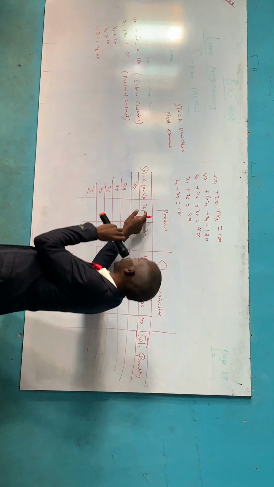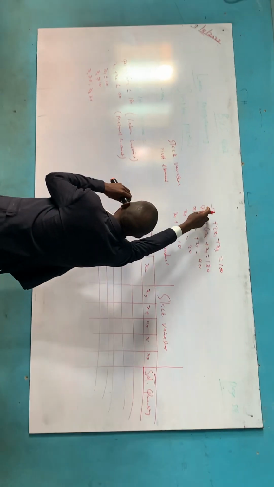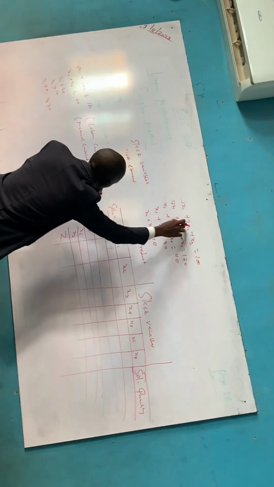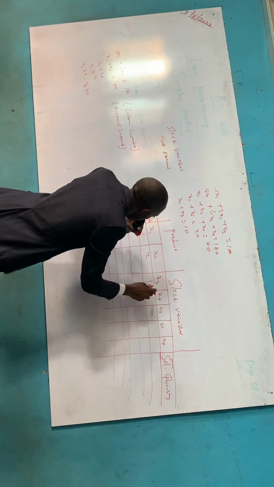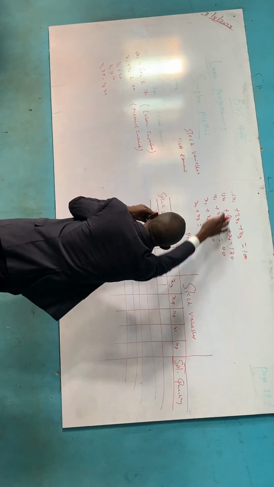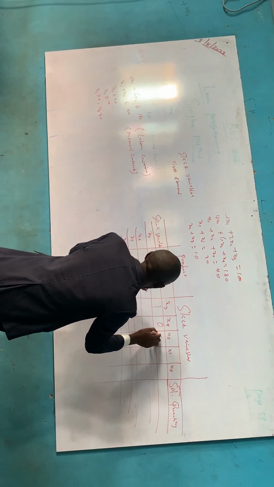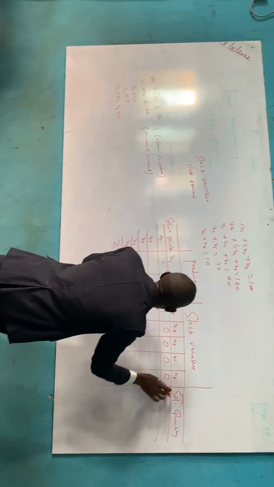The coefficient of x1 for the first constraint is 4. The coefficient of x2 is what? Do you have x4 here? 0. Do you have x5? 0.